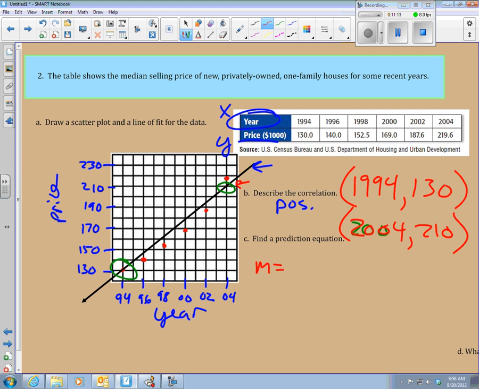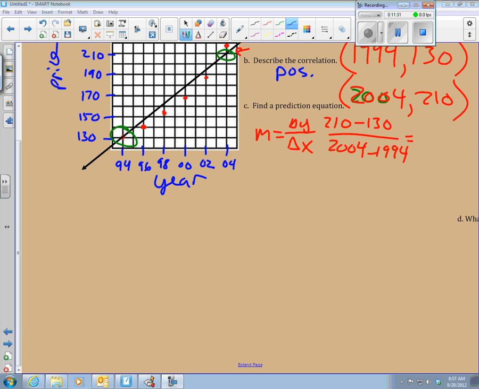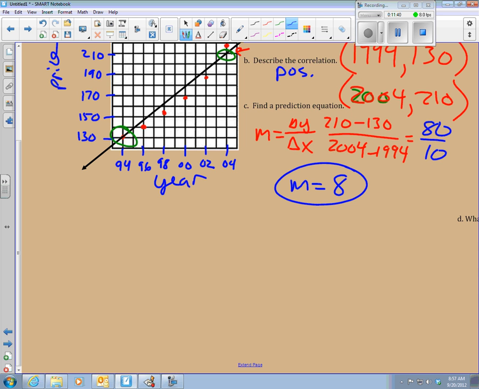So starting out with the slope, change in y over change in x: 210 minus 130 over 2004 minus 1994. It's going to give us 80 over 10, or our slope is a nice round number, 8. So plugging in our information into point-slope form, y minus y sub 1 equals m times x minus x sub 1.